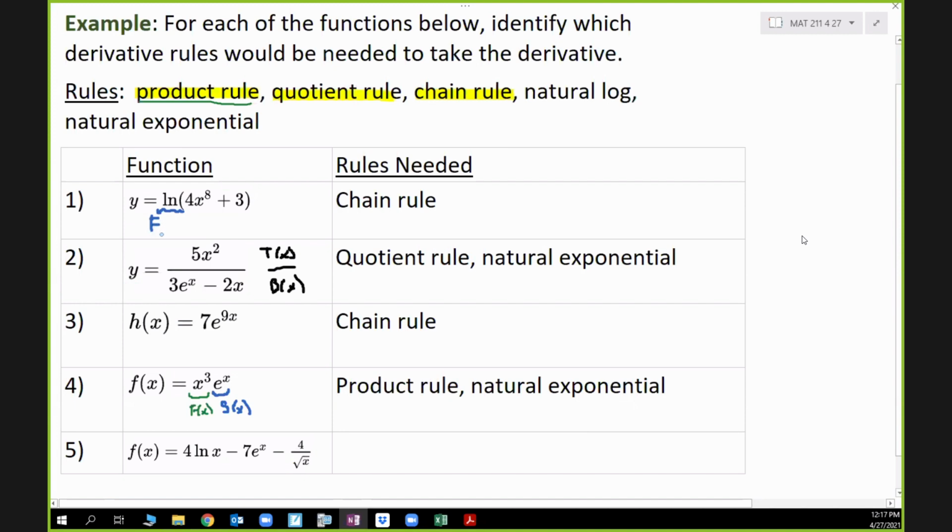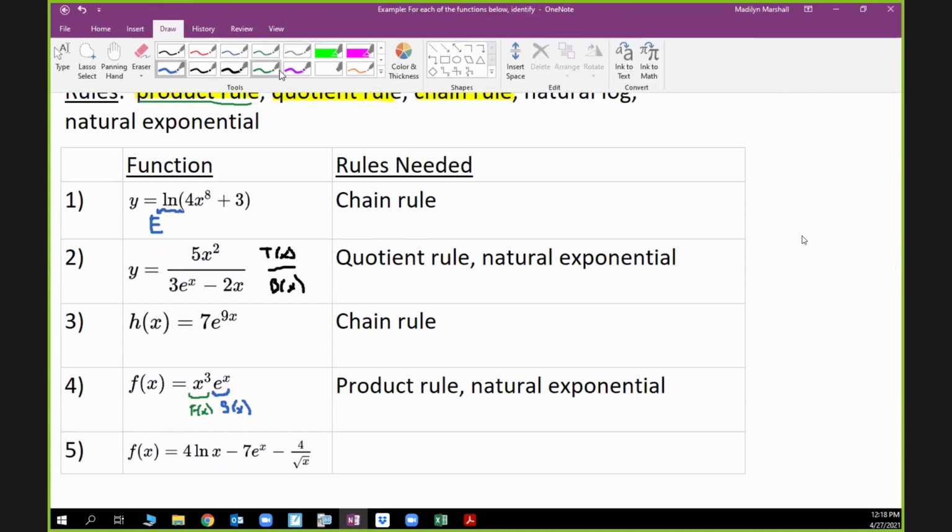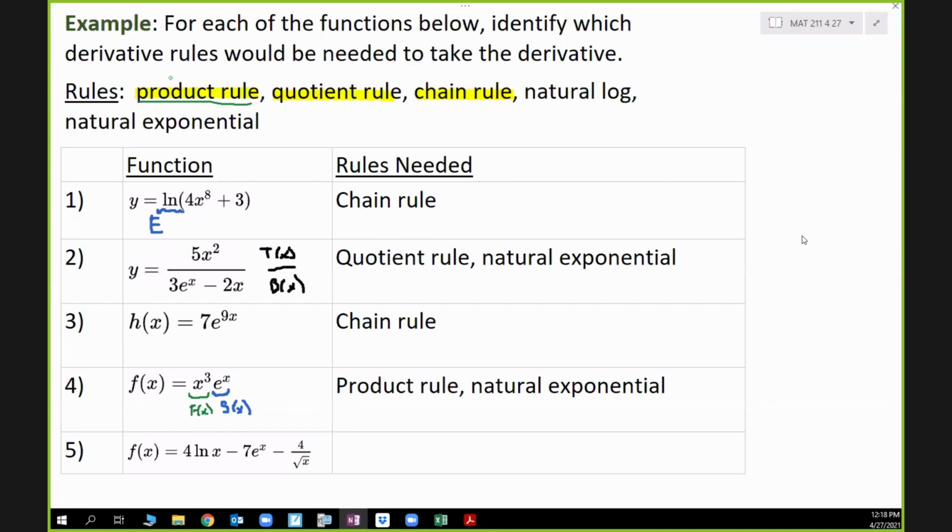So that would be our exterior function. Inside of that natural log is another function in itself, x to the 8 plus 3. So that would be our interior. So we have a little nesting of functions here. We have an exterior and an interior. So that would definitely need the chain rule.